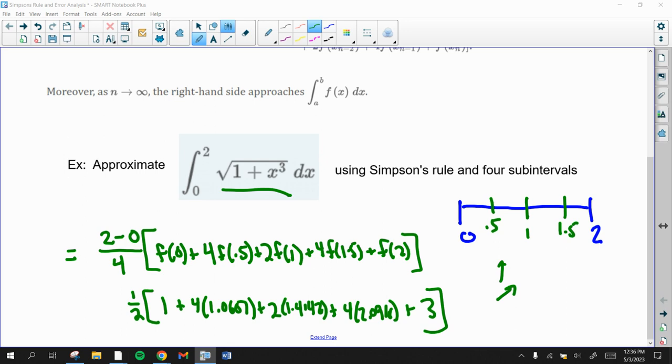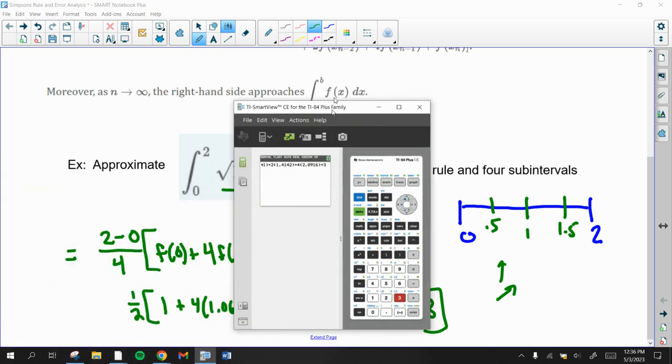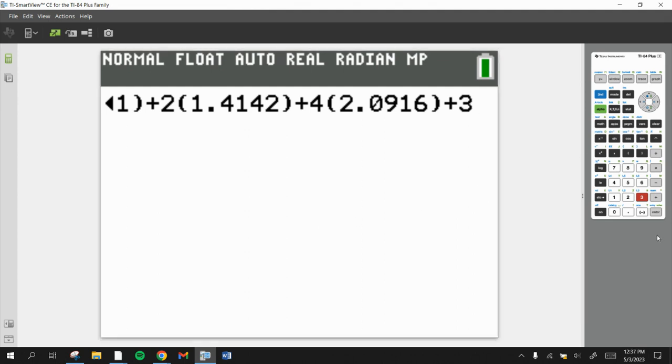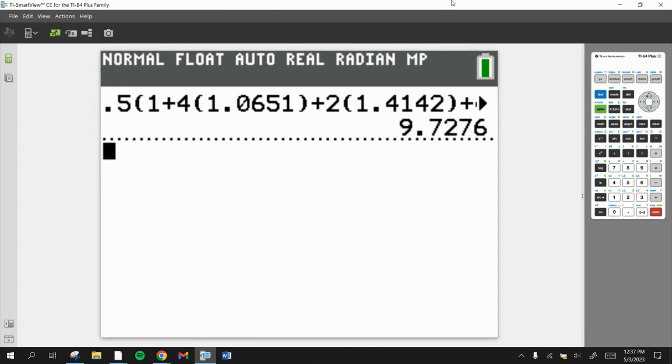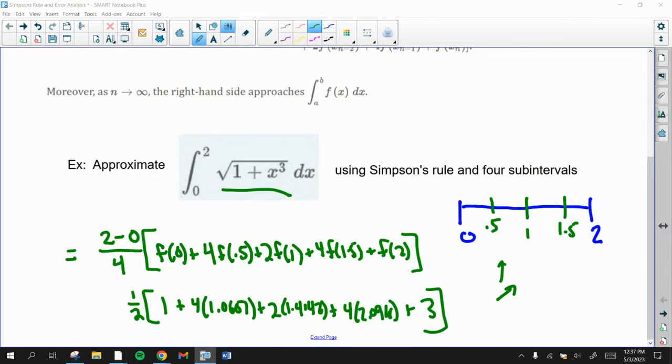So hopefully I could read all my handwriting and I plugged it in right. And you hit enter. Let me just make sure that I plugged the 1/2 in before. Yeah, that's the 1/2 in front of it. So this should come out to be the final answer of 9.7276. That's all there is to it.